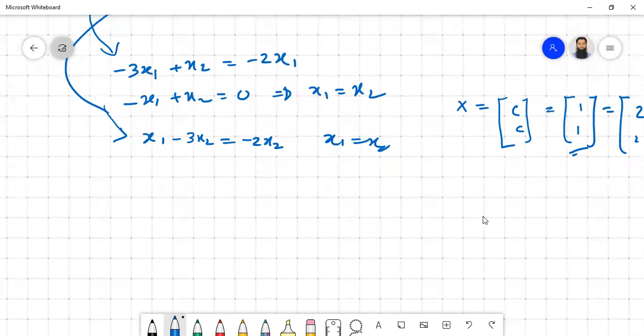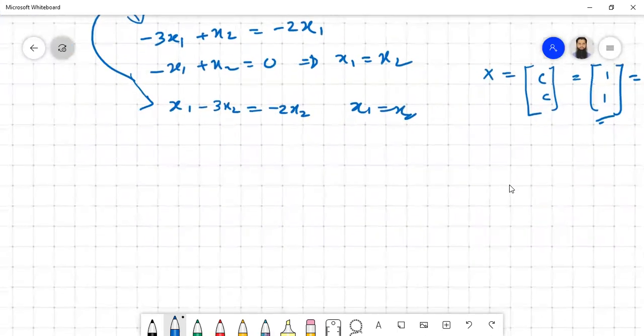Okay, now take the value minus 4. So the minus 4 eigenvalue, if you take, again, same thing, a matrix that is minus 3, 1, 1, minus 3.